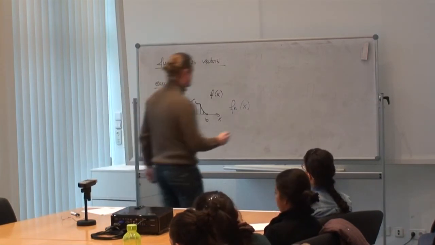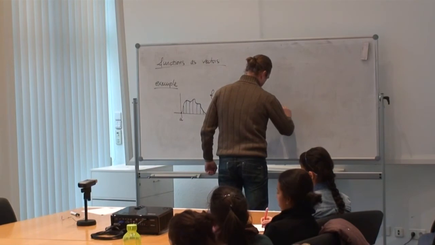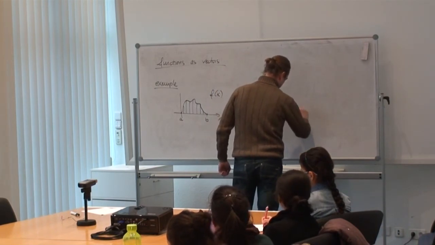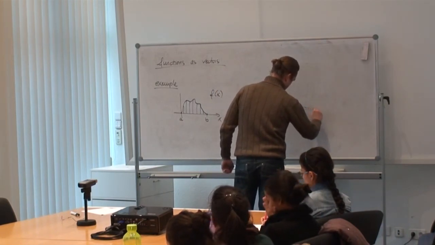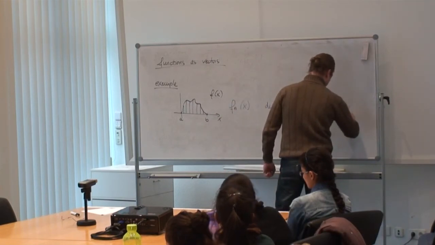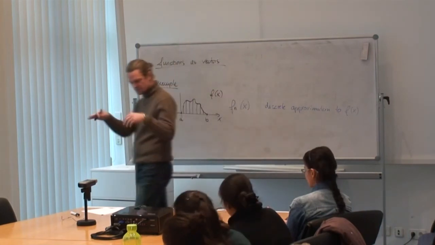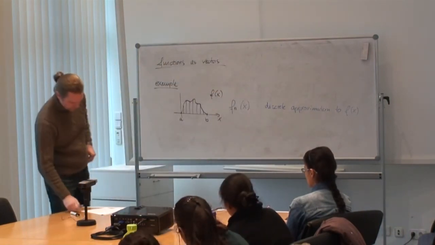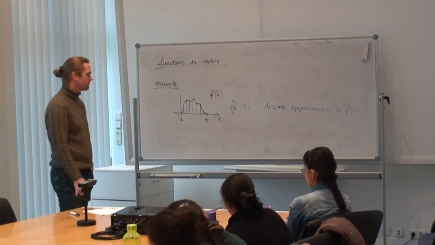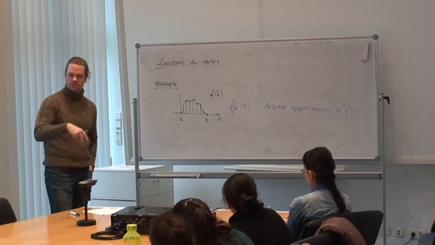In any case, this is a discrete approximation to this continuous function f of x, which is so difficult that there is no closed form expression, so that you cannot communicate it using your voice and your phone.